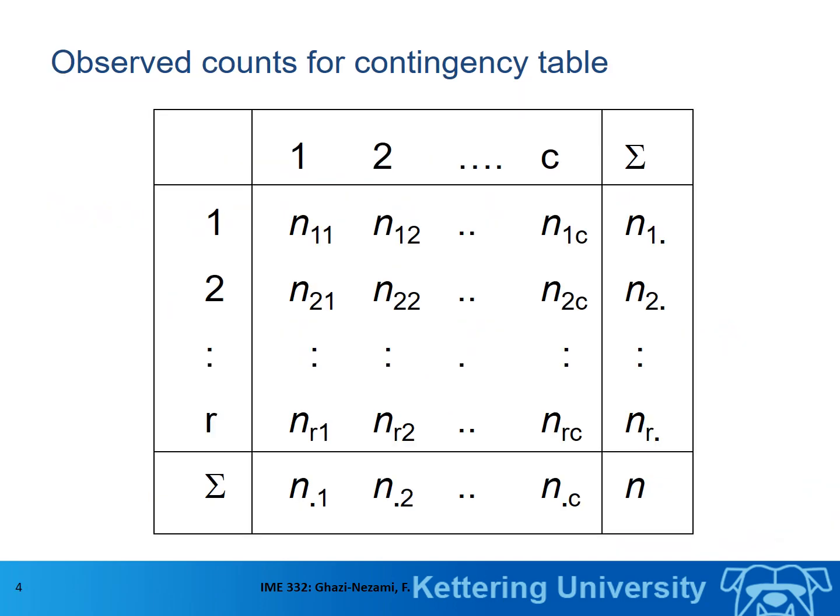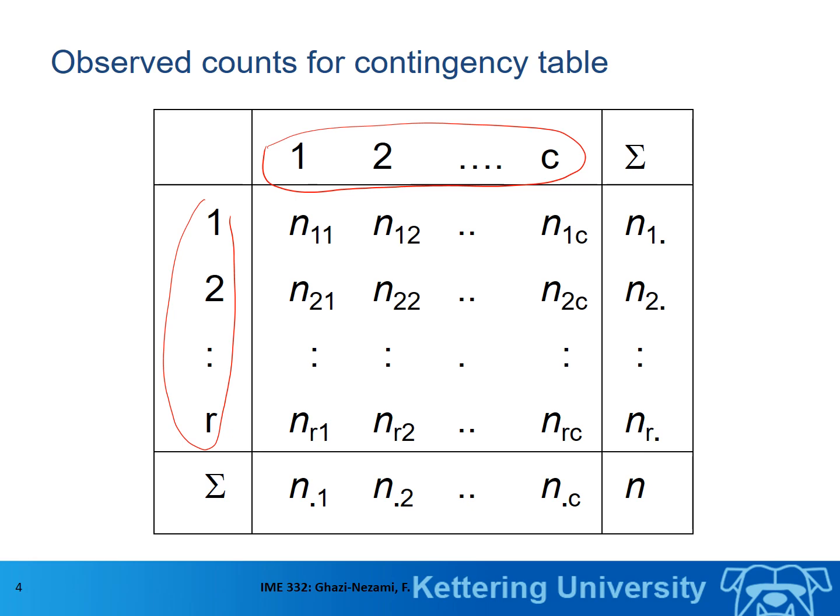So this is a very general contingency table format. As you can see, really I have an R by C matrix. It means that I have R rows over here and C columns over here. If I want to make a connection between this matrix and the problem that we just solved, C is the pension plans. So as a result, C was equal to 3 in the previous example.